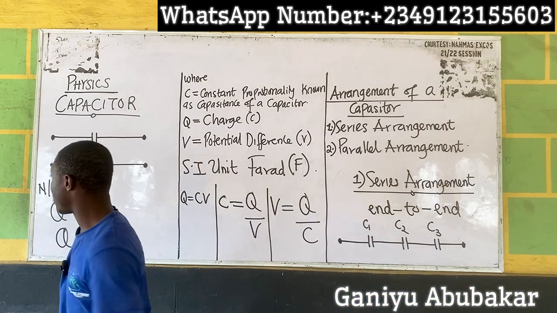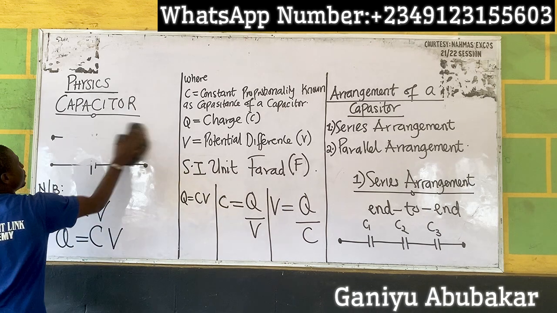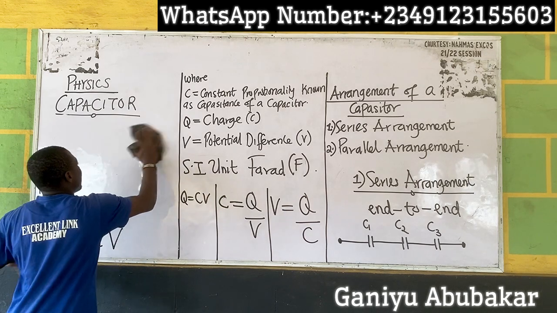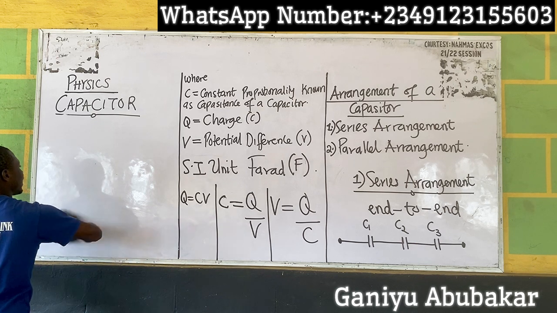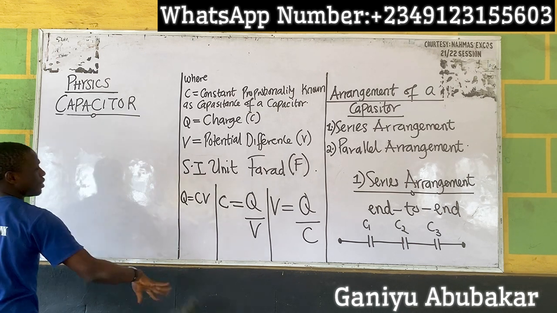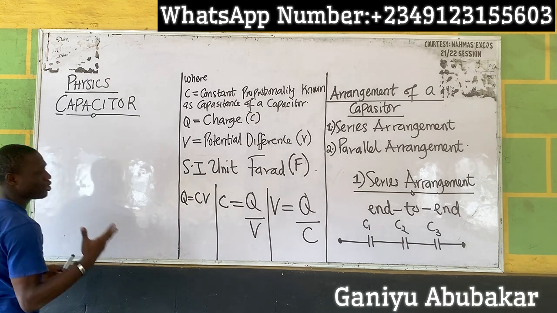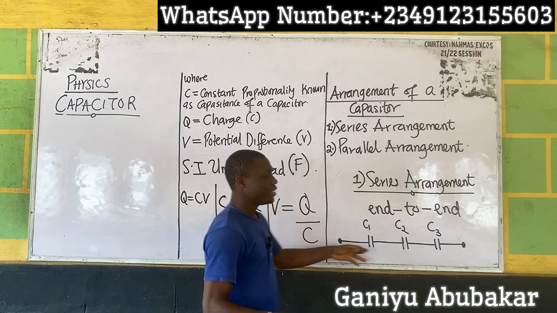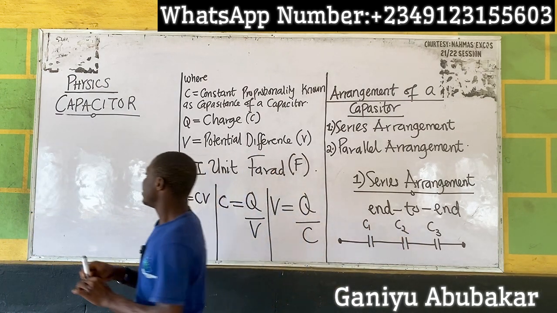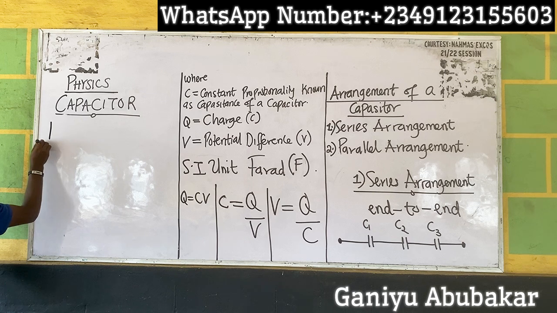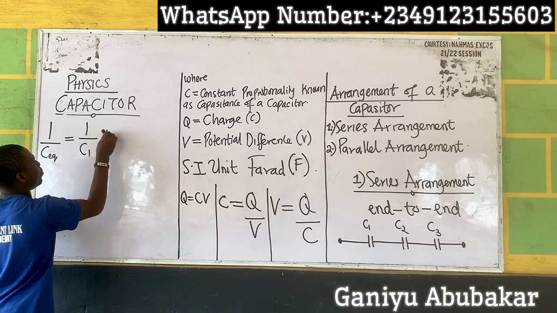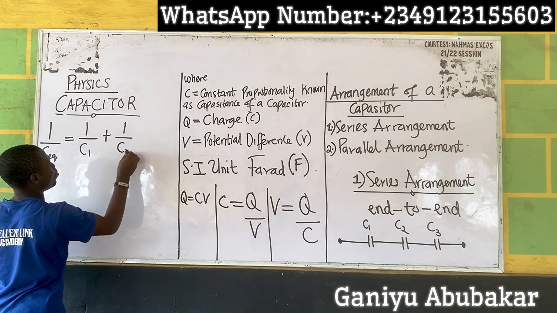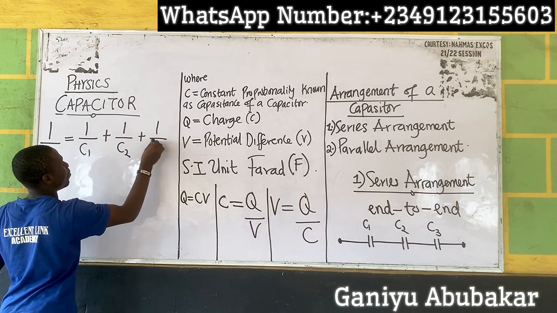For capacitors arranged in series, the equivalent capacitance is given as: 1 over equivalent capacitance is equal to 1 over C1 plus 1 over C2 plus 1 over C3.